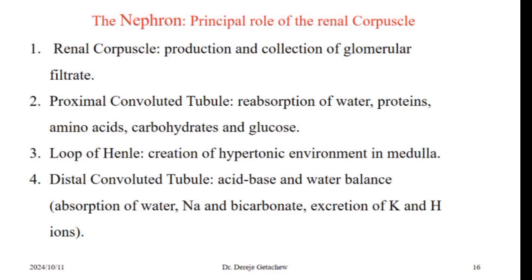Then we have the proximal convoluted tubule that reabsorbs water, proteins, amino acids, carbohydrates, and glucose. Most of these substances are completely reabsorbed, like amino acids and glucose are completely reabsorbed in the proximal convoluted tubule.